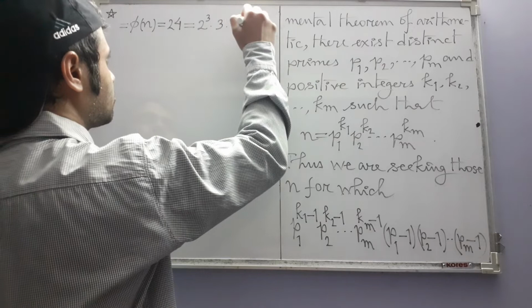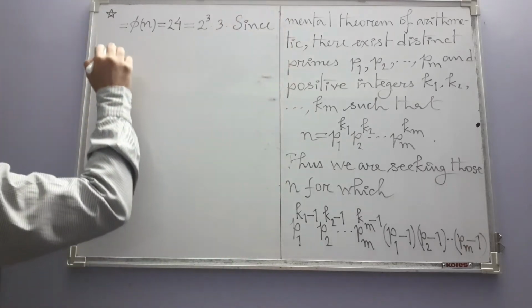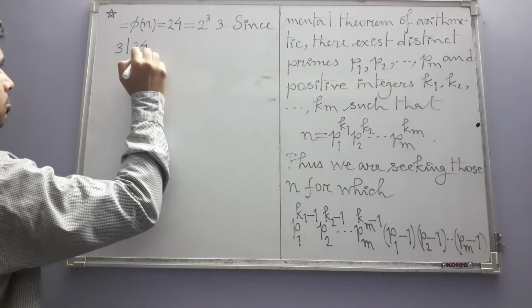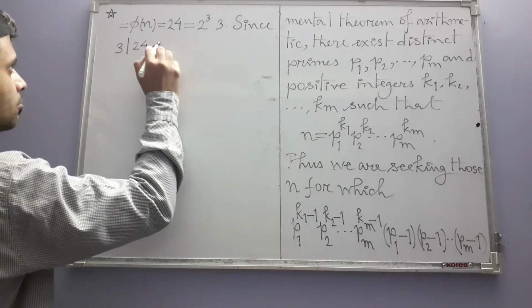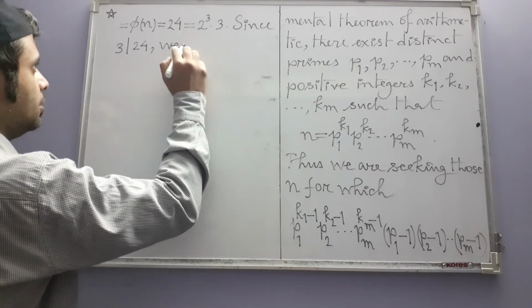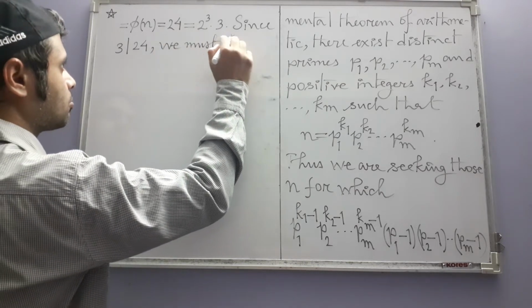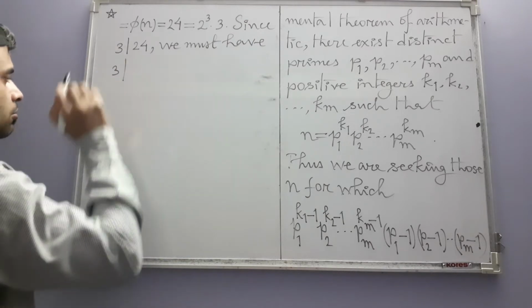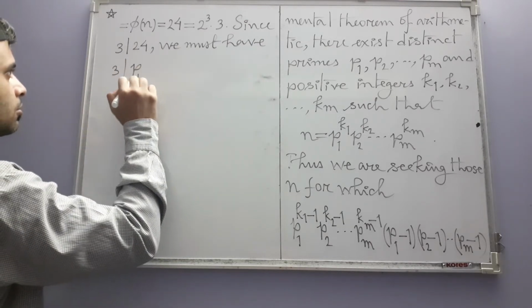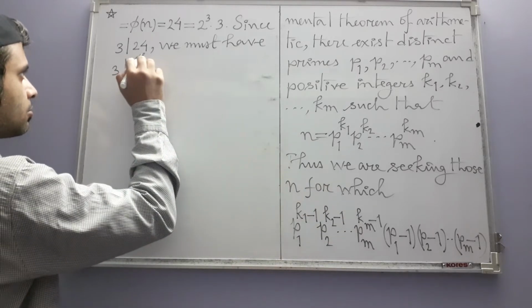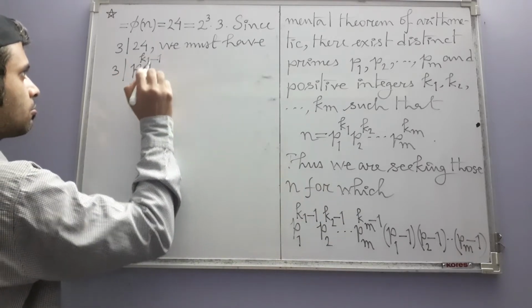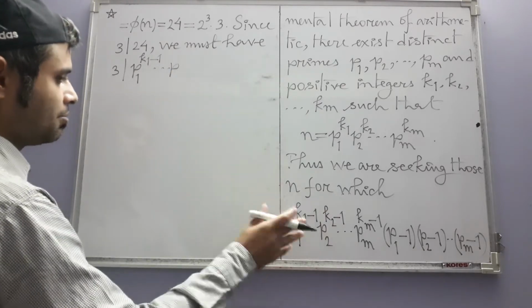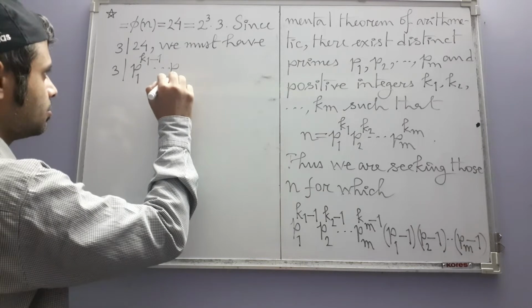Since 3 divides 24, we must have 3 dividing this one also. There is no need to write this second term, I mean it's understood, it's there.